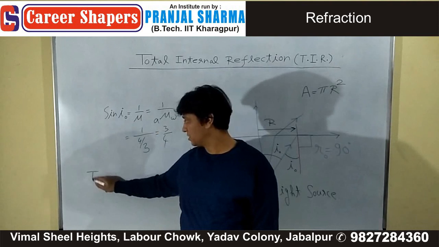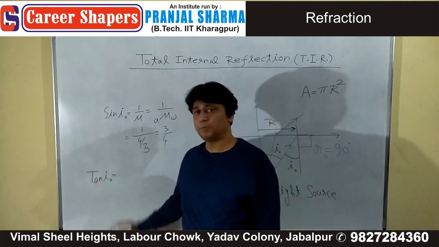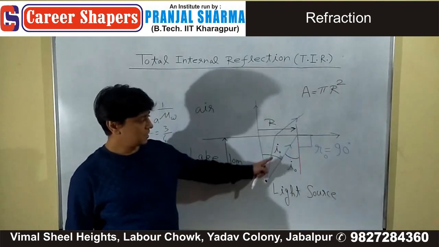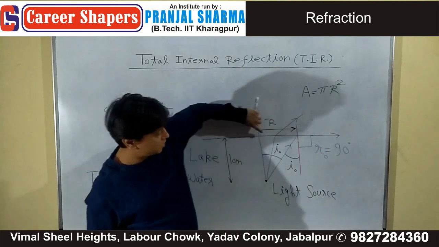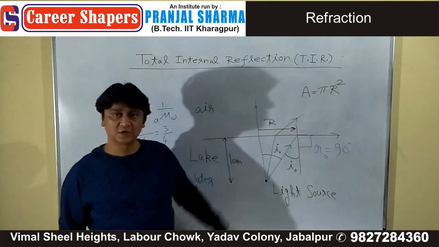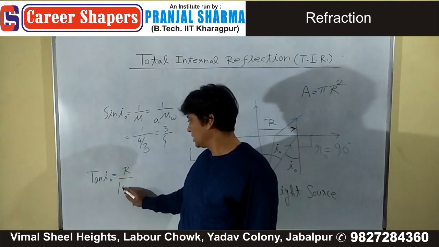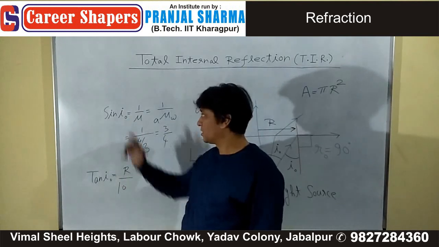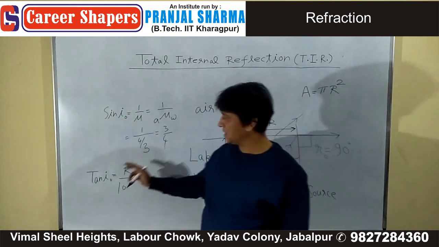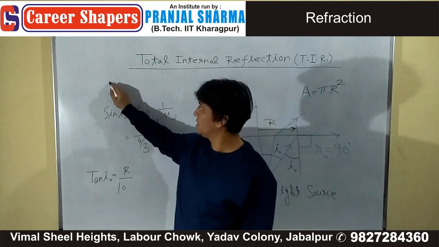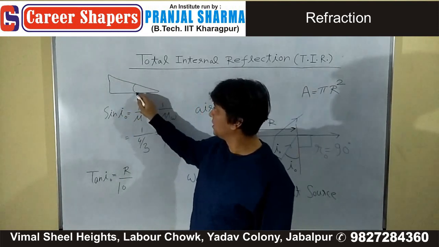tan of I naught is perpendicular upon base. Tan I naught is perpendicular, which is r, upon base, which is 10. R upon 10. But we have the information of sine. How do you find tan? Not a difficult task. Just construct right angle triangle.